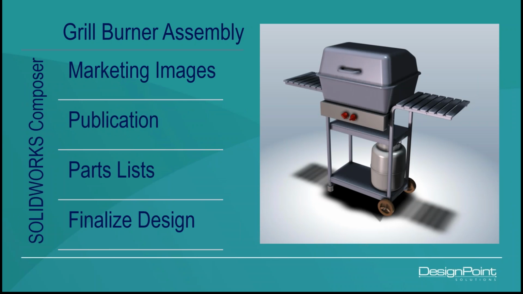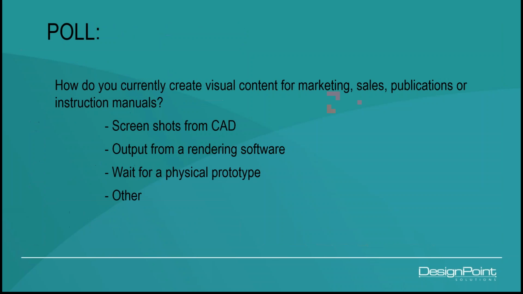Part of that is how you would create a parts list for that. We'll close with how you would handle the design process and finalization of the design with respect to the documentation. That's what we'll take you through today in our webinar.